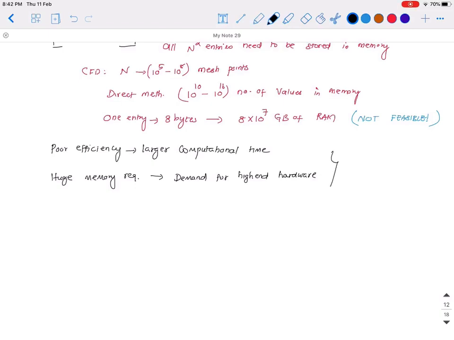These are the major problems of what we call direct methods of solving the system of linear algebraic equations.